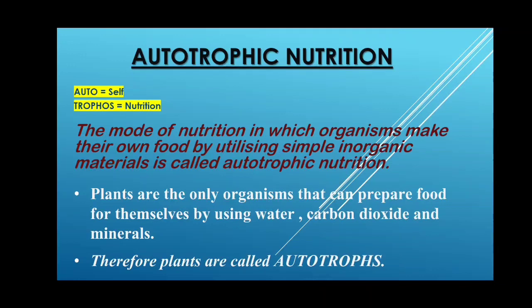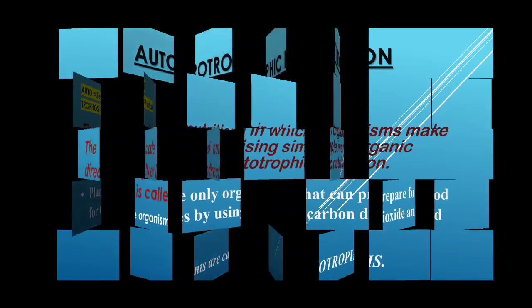Here I'm giving you just a brief introduction of this chapter so that you can get accustomed to the terms that you are going to face in this whole chapter. Now, what are the inorganic substances used by plants? The inorganic substances used by plants to prepare their own food are water, carbon dioxide, and various minerals.